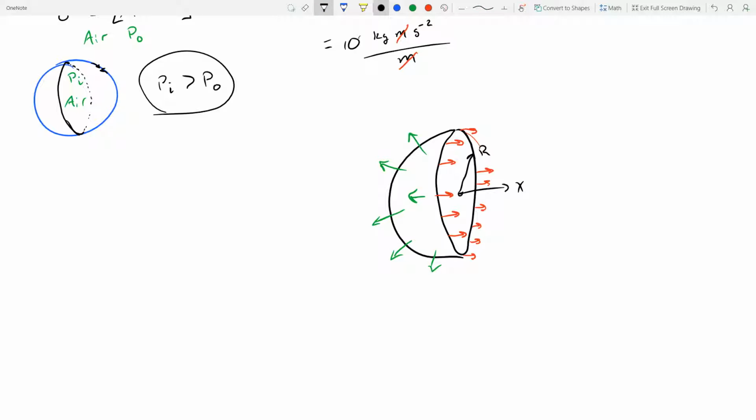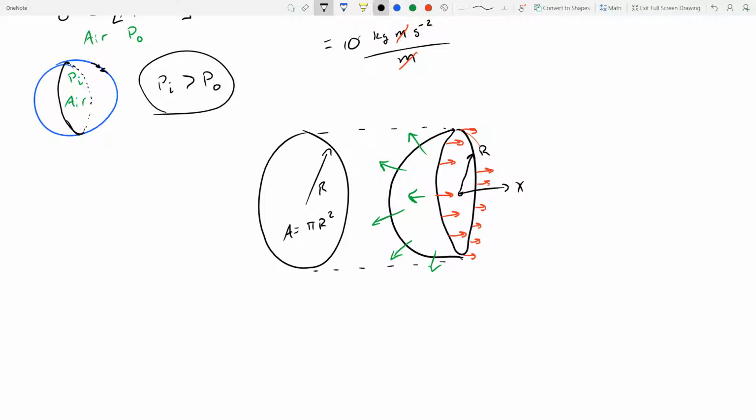Now, if we project this bubble onto a flat sheet, what we get is just a circle. And the way we compute the force caused by pressures is by integrating the pressure over the surface area of the projected circle. So if this is r, then A is equal to pi r squared.